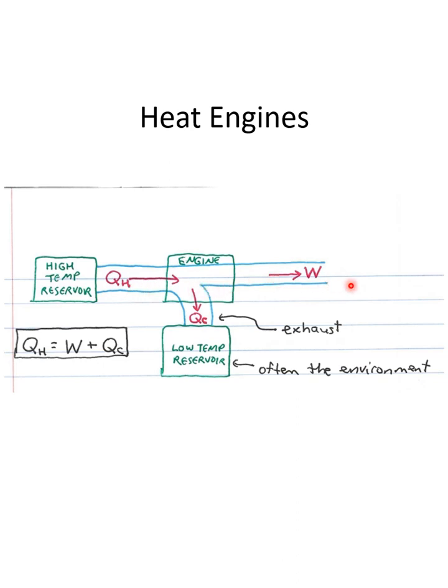That's making your car move down the road. But some of that heat gets dumped into the environment as exhaust, into the low temperature reservoir. Conservation of energy says that the amount of heat extracted, Q sub H, is equal to W plus the amount of heat that is wasted away, that's exhausted, Q sub C.